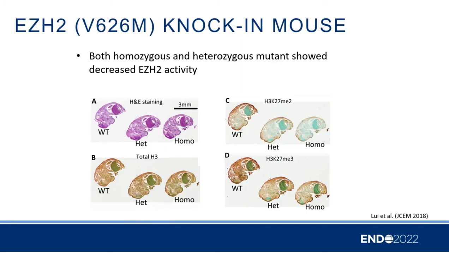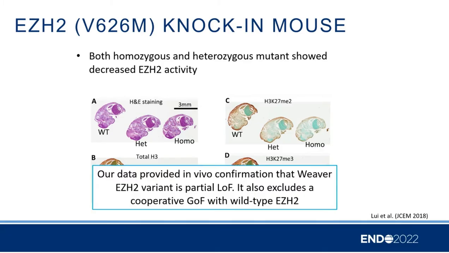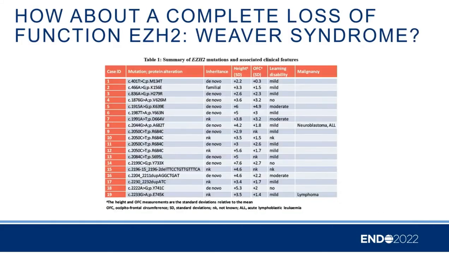By staining H3K27 methylation in embryos, we were able to show that in both homozygous and heterozygous mutants, there's a decrease, but not complete loss of EZH2 activity. Therefore confirming in vivo that the EZH2 mutation in Weaver is indeed a partial loss of function.